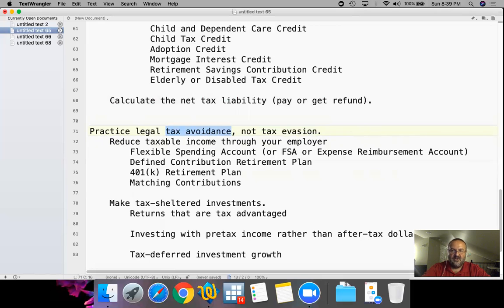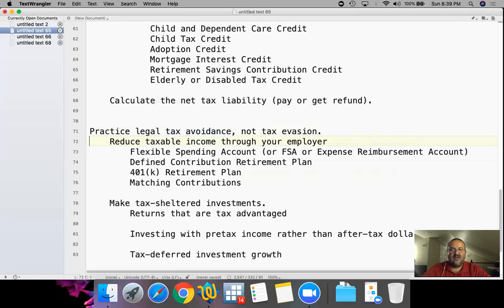You basically just employ these techniques, if you will, and try to have a lower tax burden. But once a tax is a burden, meaning that once the tax is due, you have to pay it. You cannot evade it. There are criminal penalties for not paying taxes.